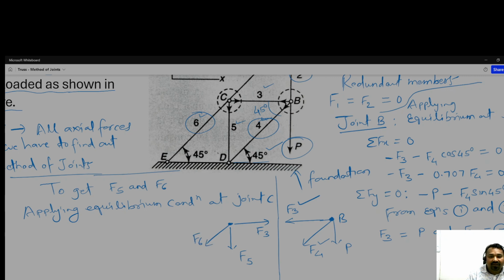And this one is F1, and it is equal to 0. F3 we know already, F3 is equal to P.